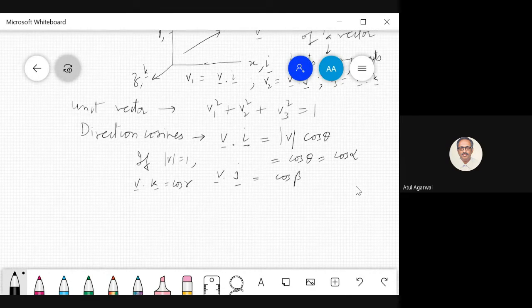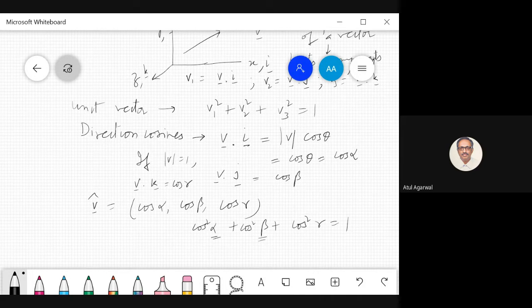So you can represent your unit vector v, with a cap. What is the restriction on it? How many degrees of freedom does it have? Only two. Once you know two of the angles, the third is immediately known. So you have got 2 degrees of freedom.